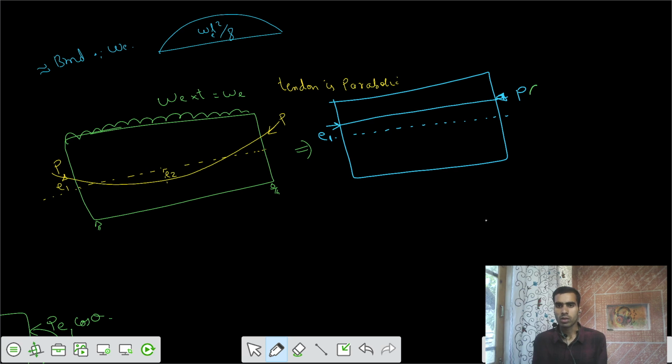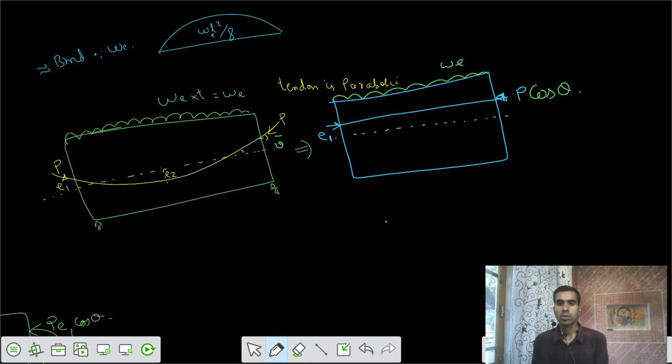And the component along the horizontal is P cos theta. If there is some theta here, this would be P cos theta. And after that, I'm going to have some balancing load, and that's not a point load. That is also a uniformly distributed load.